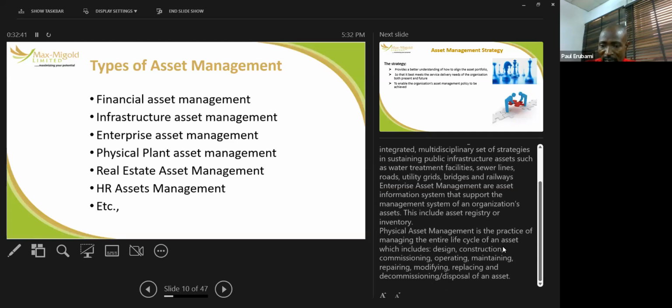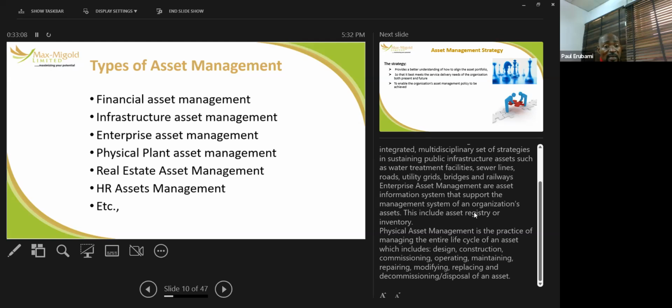And these are assets for which you talk about operation and maintenance throughout their entire life cycle. The life cycle includes the design period, the construction period, the commissioning period, the operation and maintenance period, the repairing period, the modification period, then replacing or decommissioning and disposal of that asset. These all fall under physical asset.